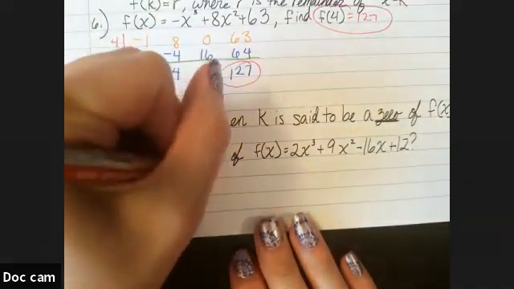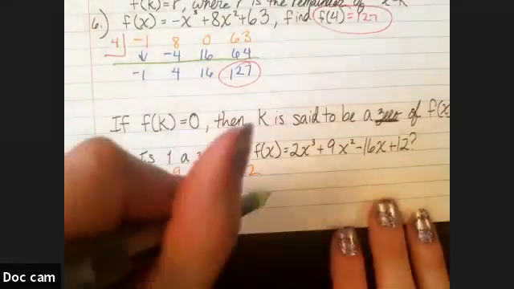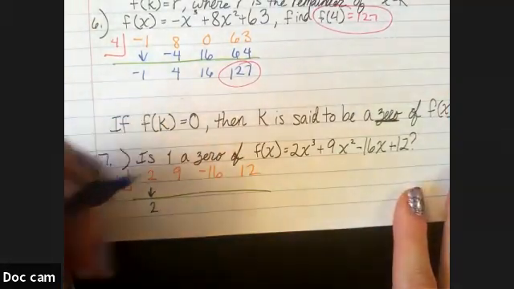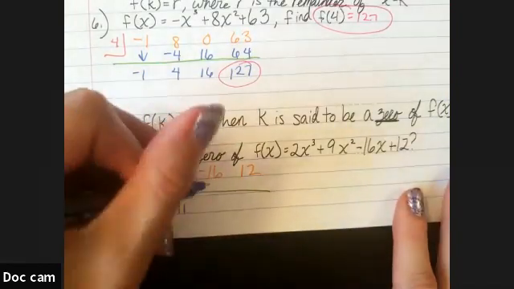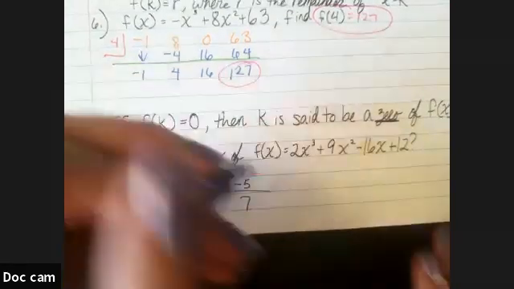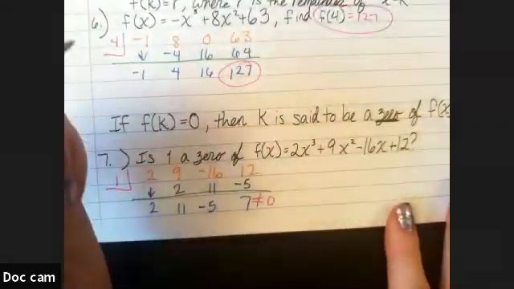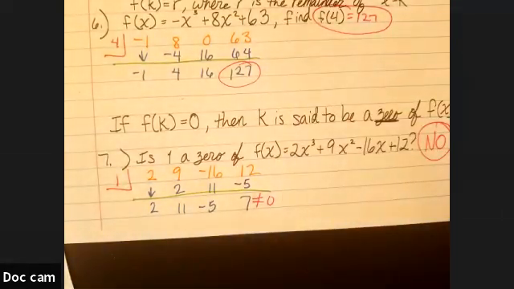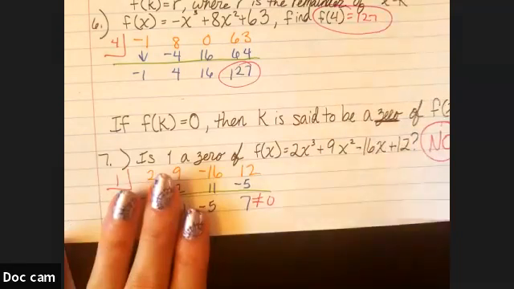So if our remainder is 0, then the answer will be yes, and if the remainder is not 0, the answer will be no. 2, 2, 11, 11, negative 5, negative 5, and 7. So due to the fact that 7 is not equal to 0, the answer is no. 1 is not a 0 of that function.